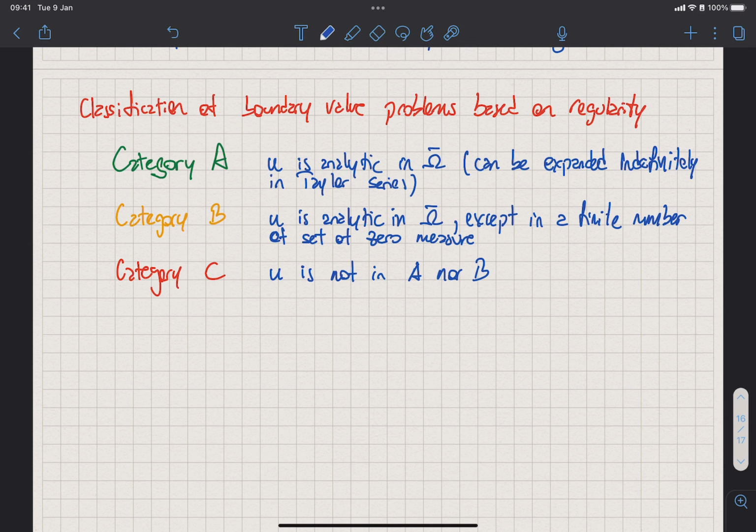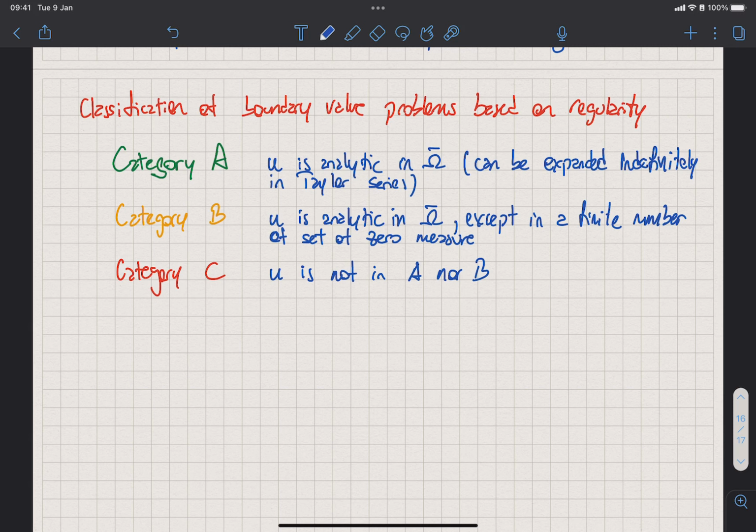Based on the regularity of the solution, I can place that problem in category A or B. Therefore p-FEM gives an algebraic rate if it is in category B, and an exponential rate if it is in category A.